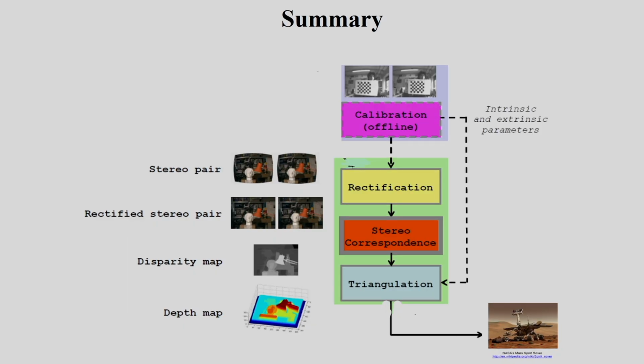So in summary, I have shown here, the first one is the left image and the right image obtained from the stereo cameras. One is the left camera, another one is the right camera, and after this we have to do camera calibration. Camera calibration means the estimation of the intrinsic and the extrinsic parameters of the camera.